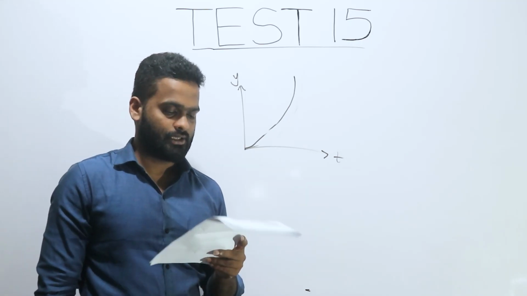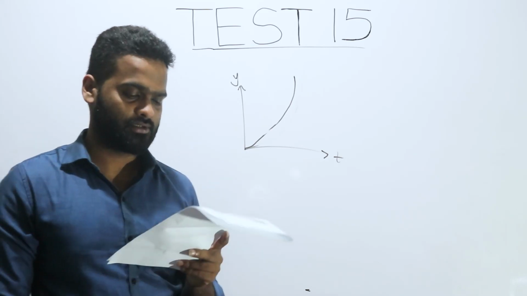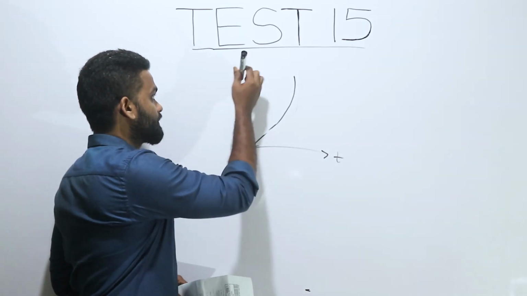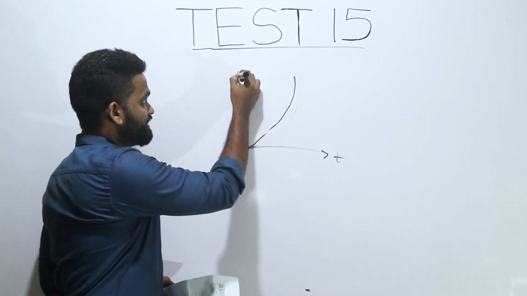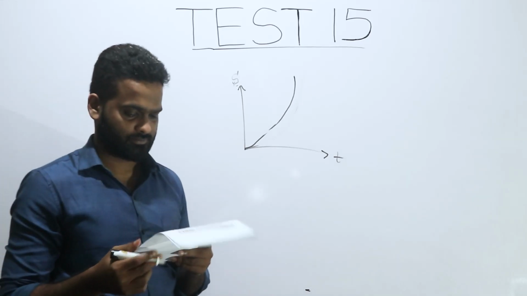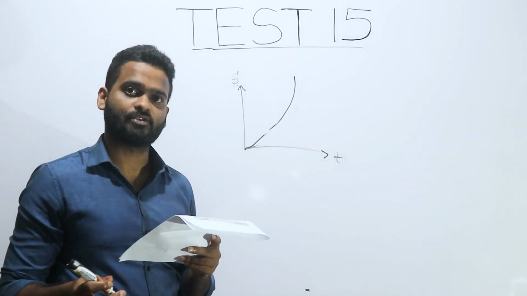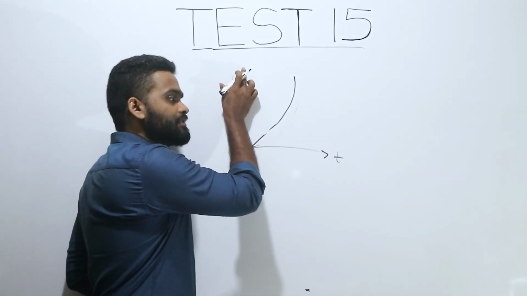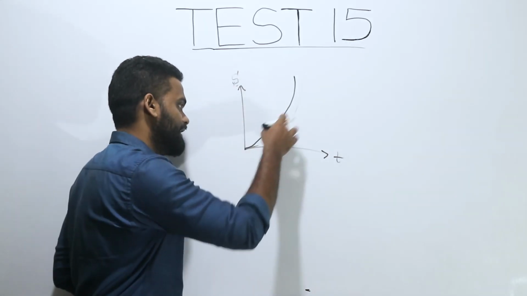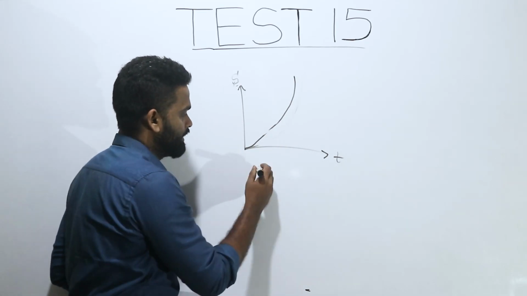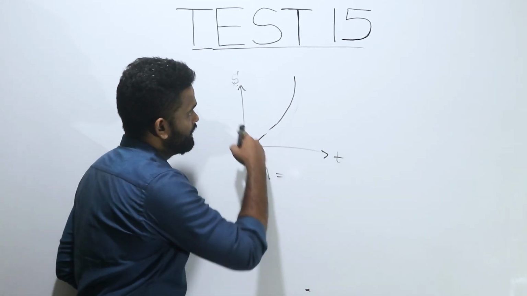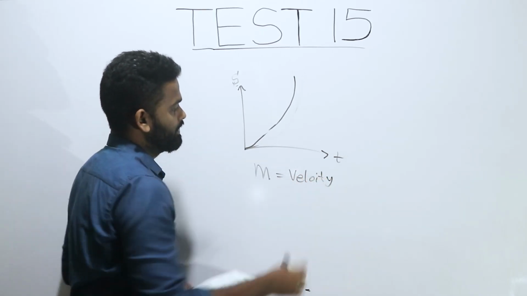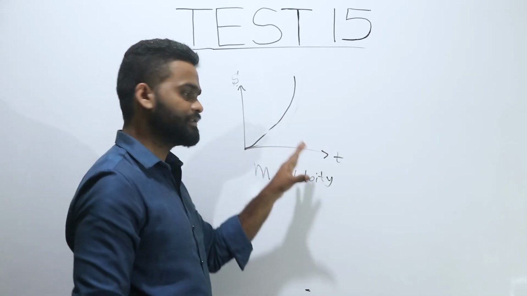Okay, second one: if the displacement of the motion is indicated by y, the object moves with an acceleration. If this is displacement, the gradient of an st graph is equal to velocity.